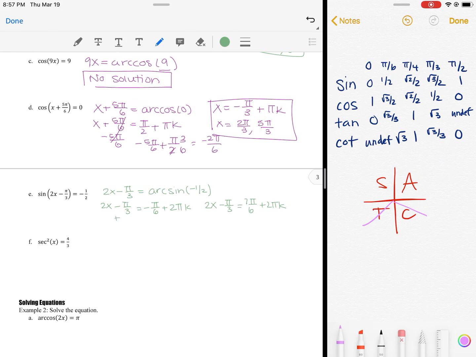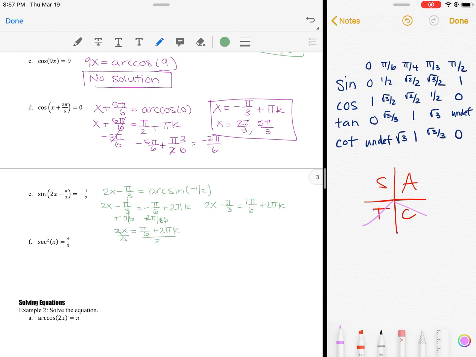Okay, think about solving for x. You want to add pi thirds to both sides. If I want to make this out of 6, I'm going to make that 2 out of 6. So we end up with 2x equals pi 6 plus 2 pi k.